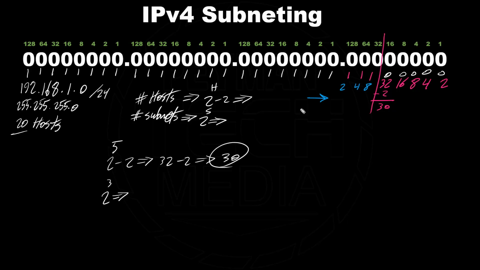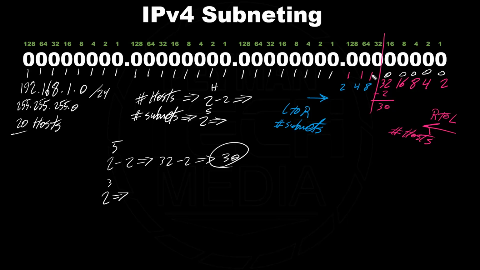Left to right, starting with number 2, that's for the number of subnets, and going right to left, starting with number 2, and then at the end minus 2, that's the number of hosts. This is also another way to find out. So let's apply this formula.